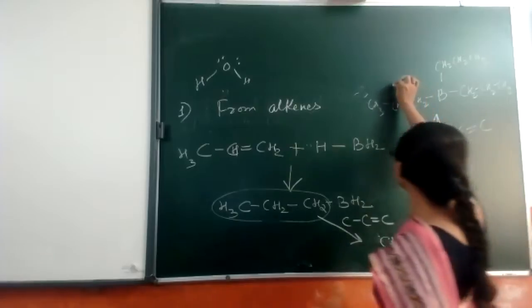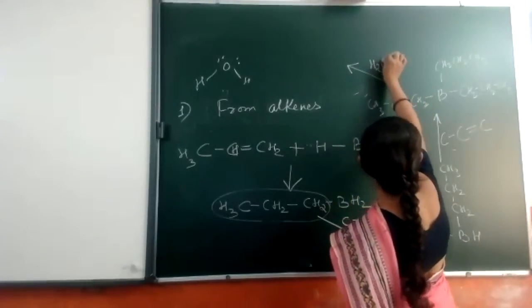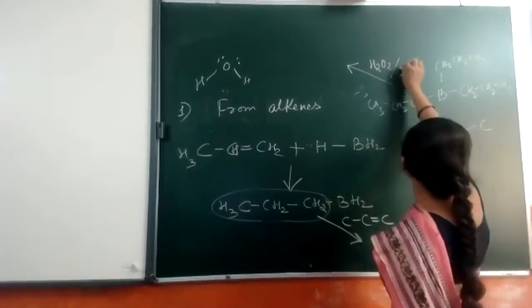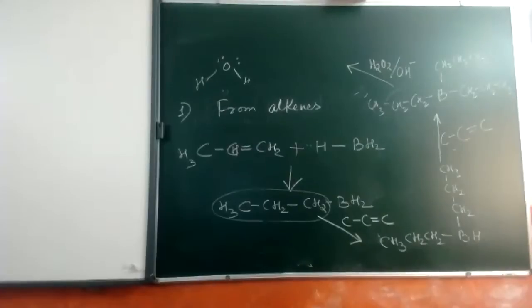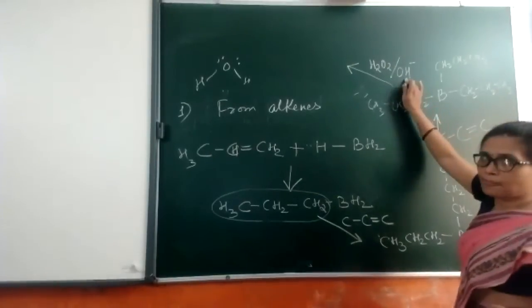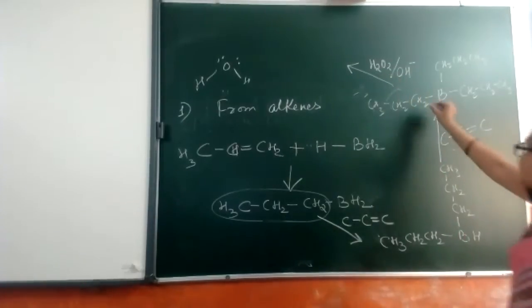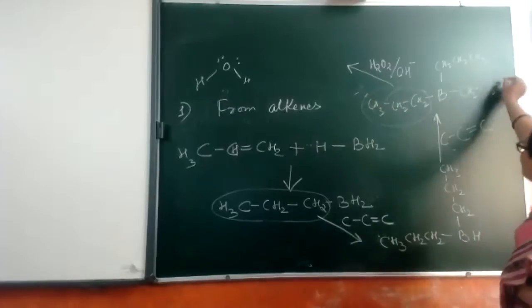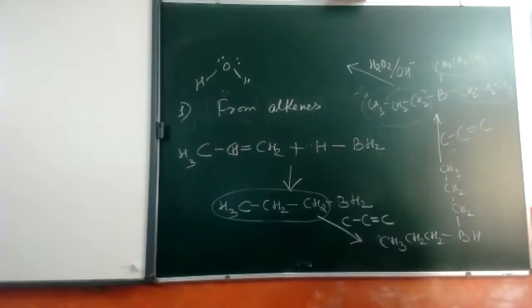And the last step is, now we will treat it with H2O2 in presence of alkali. That is why OH minus I have shown. OH minus means alkaline medium. With all these three alkyl groups will give you alcohol. So we will get 3 carbon alcohol.